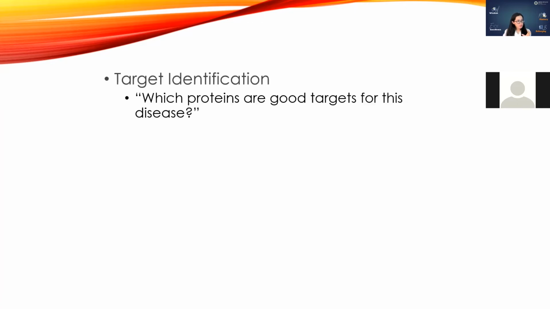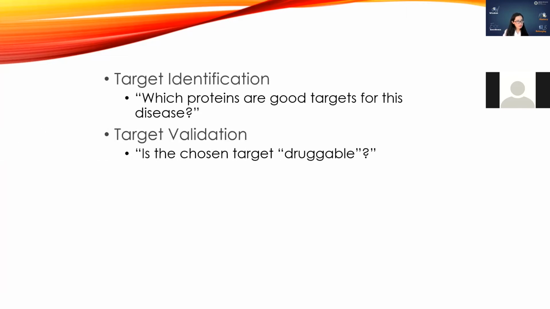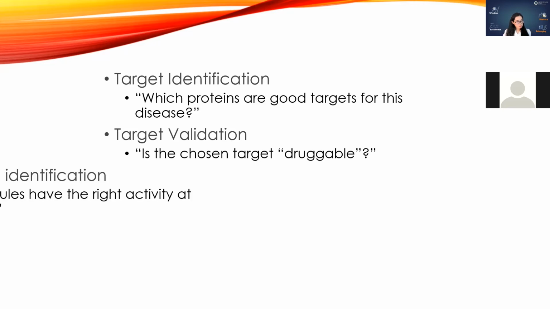And for target identification, the researcher will ask what protein targets are good for this disease. Like in COVID-19, right? We would look for main protease as the drug target because it cleaves proteins that are essential for viral propagation. For target validation, they will ask whether the chosen targets are druggable.